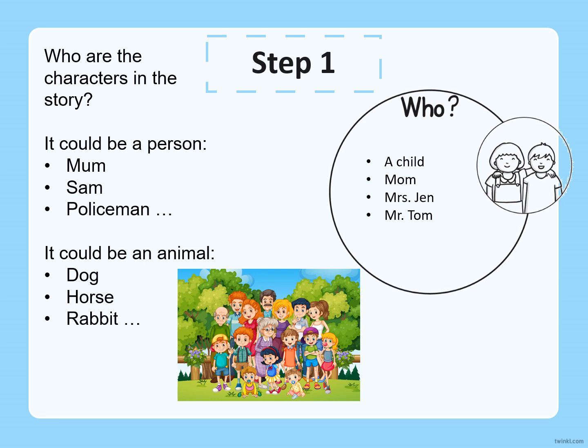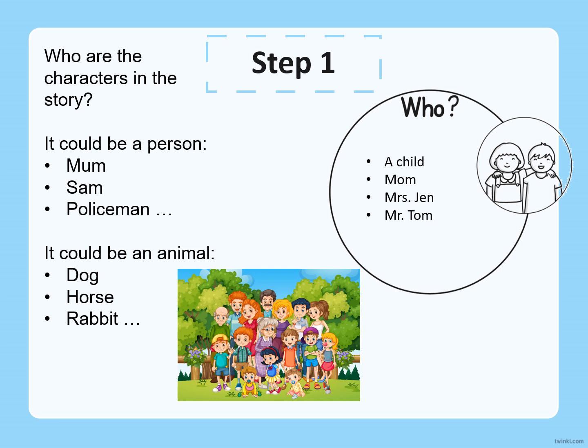So one thing that's important for us to know is who are the characters in the story. It could be a person like mum, dad, brother, sister, auntie, policeman, fireman, doctor. It could be a person such as those, or it could be an animal. Sometimes in stories you have animals that are also the characters.